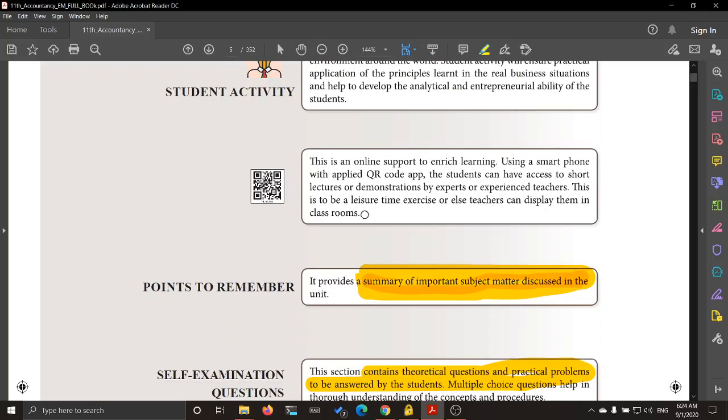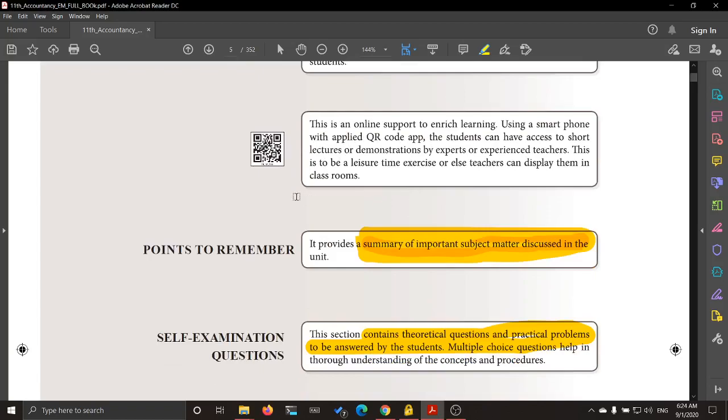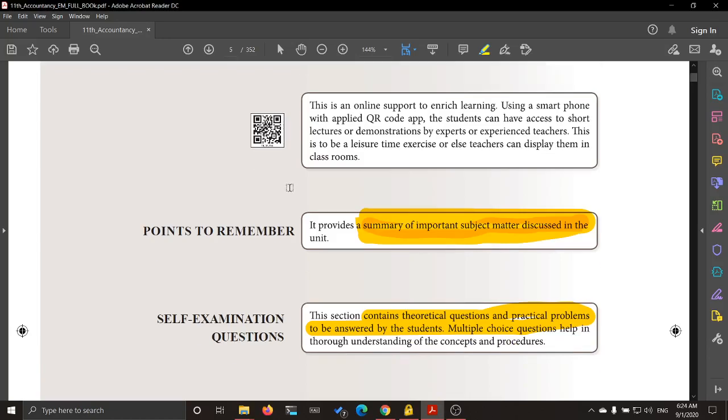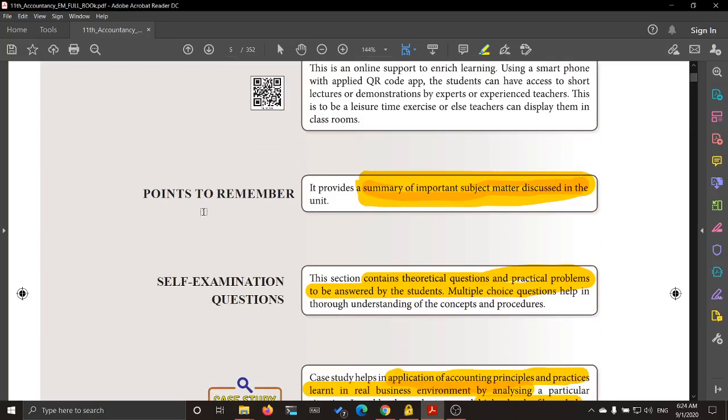Then you have the QR code, where you can scan this QR code, and whenever you are free, you can carry it out at home or even at the classroom. Then you have the points to remember.